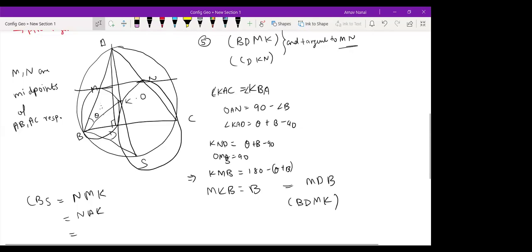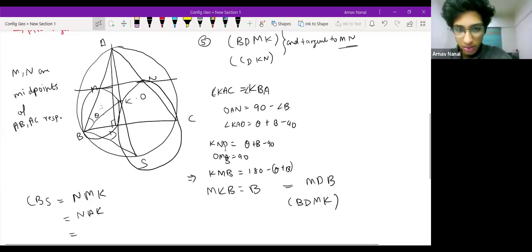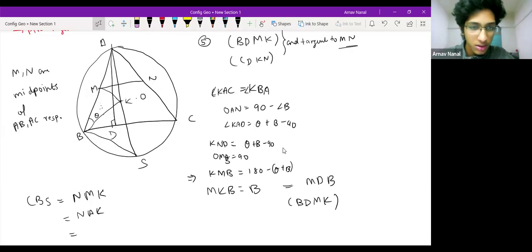Can you explain the part after angle KNO? Yes. Angle KNO is equal to theta plus B minus 90, so angle KMO is also theta plus B minus 90. And OMB is 90.